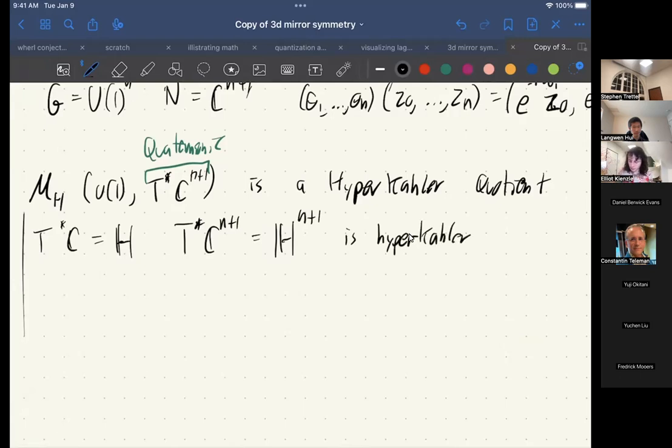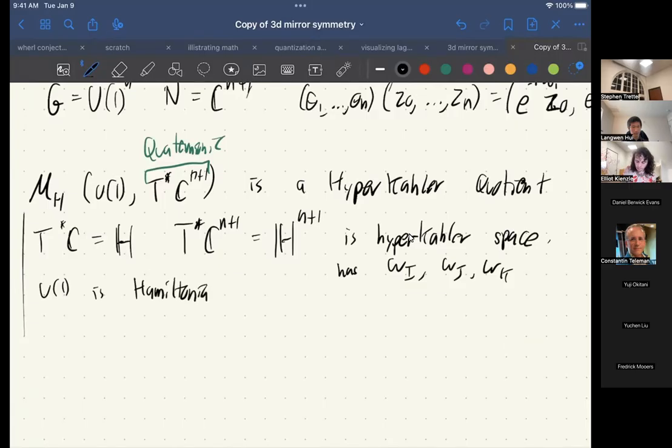It's just the usual way, you know? Okay, so now we know it has an I, a J, and a K symplectic form. Now this U1 action is going to be Hamiltonian in all these symplectic forms.